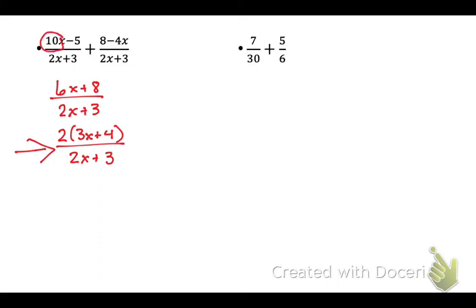I have 10x minus 4x is 6x. Negative 5 and 8. Oh, it should be 3, shouldn't it? Thank you, Ainsley. Ainsley is the only one that said something. I figured my math was wrong. So I can't do a 2. I can do a what? A 3. So you had me rechecking my math like 5 times right here. This makes us so confused. There we go. Okay.